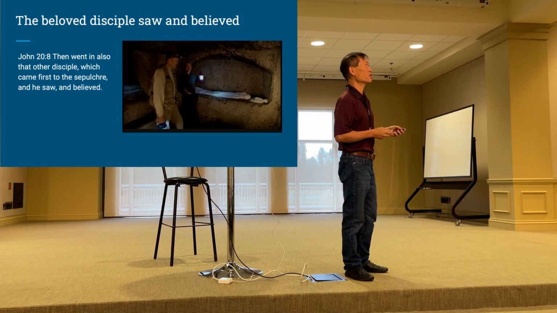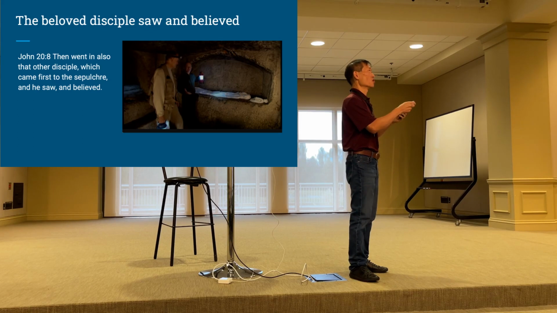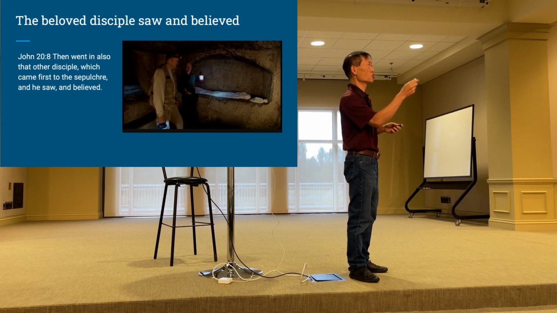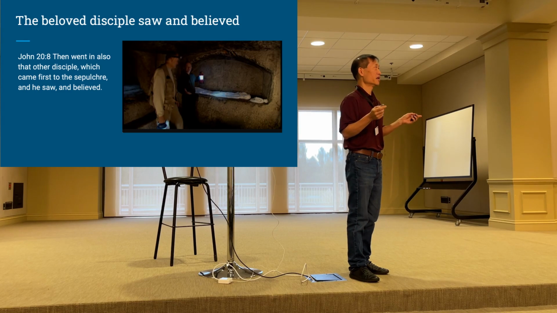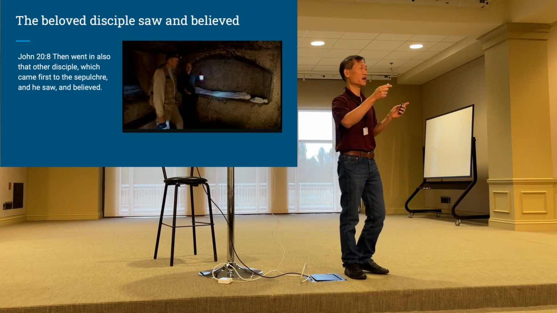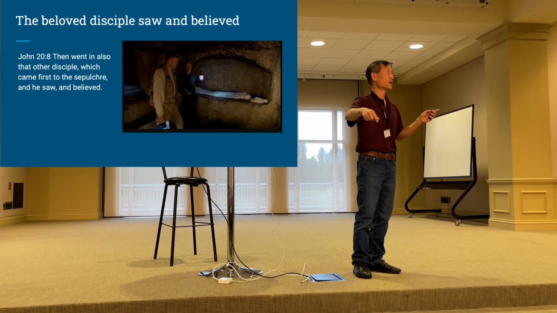It's because when the disciple came to the tomb, he looked inside, he saw the linen clothes, the main shroud, and the side strip wound around it. And what he saw looked like the body had simply vanished from within the shroud. It did not look like someone had unwrapped the side strip and opened the shroud.